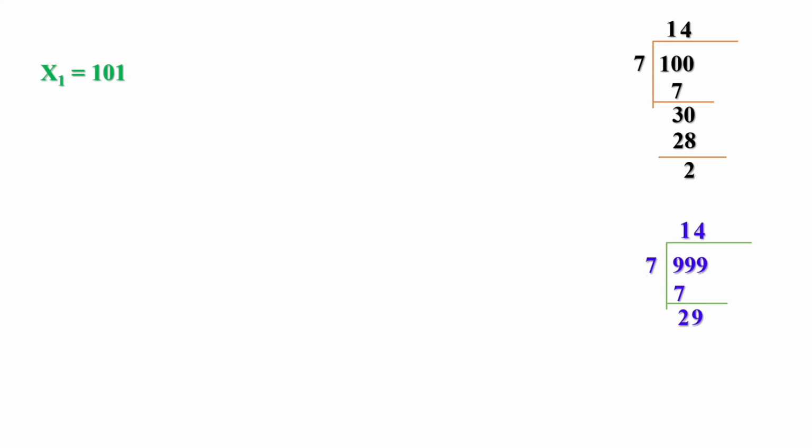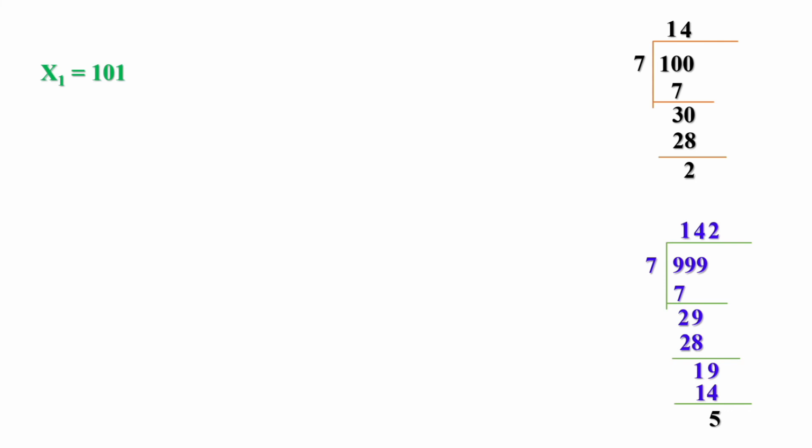And 4 7s are 28, 1 remainder, and write down the 9. Now it is 19. How many 7s are there? 2 7s are 14. And what is the remainder? 5. Here the remainder is 5.